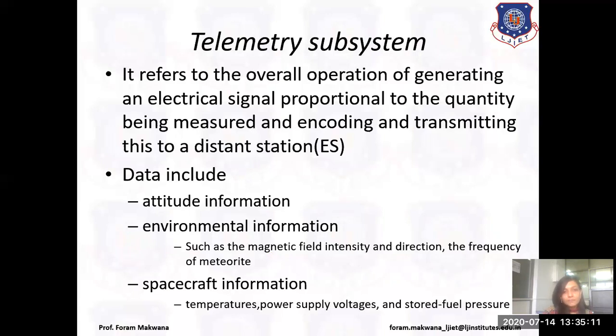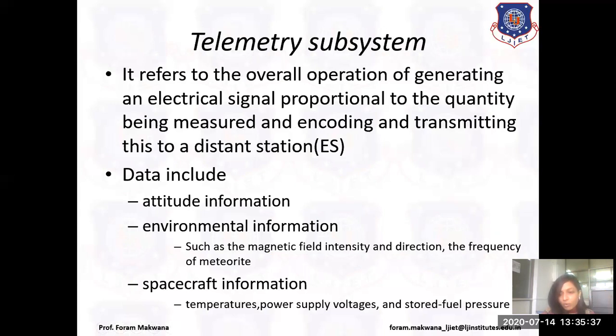So first of all, what is the function of the telemetry subsystem? It generates the electrical signal, encodes it and transmits it over a longer distance. So what does this data include? This data includes the attitude information, that means the correct orientation of the satellite.